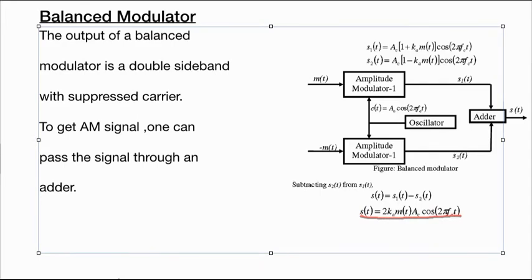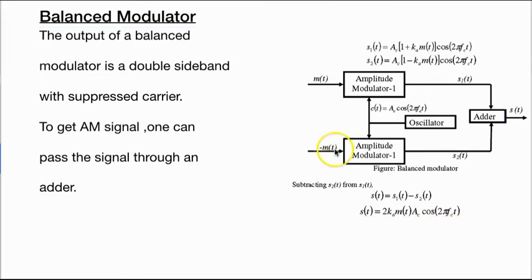These signals are good in amplitude modulation because they require less power in consideration to the earlier signal. And they can be modulated using an amplitude modulator with mt signal and minus mt passed through a modulator with an oscillator with FC frequency and added.